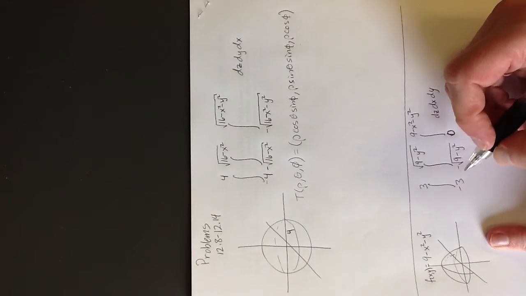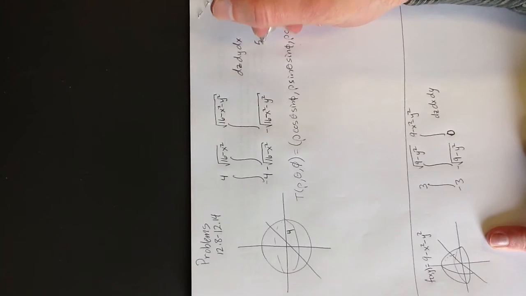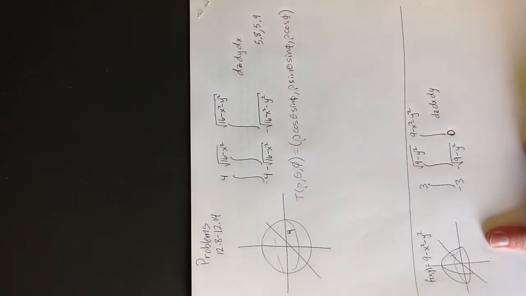I would give that to you on a test, but you might remember this from problems 5.8 and 5.9, where we talked about using different coordinate systems to represent objects more naturally.